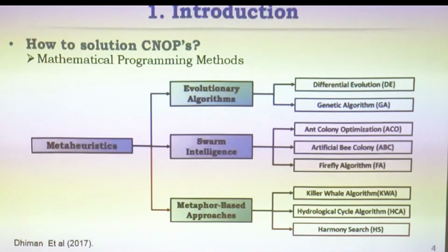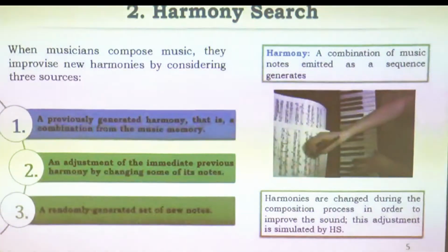And this is the algorithm we worked on, harmony search. There are many algorithms shown here. Harmony search is an algorithm based on musical composition and considers the procedures a musician follows when composing music.